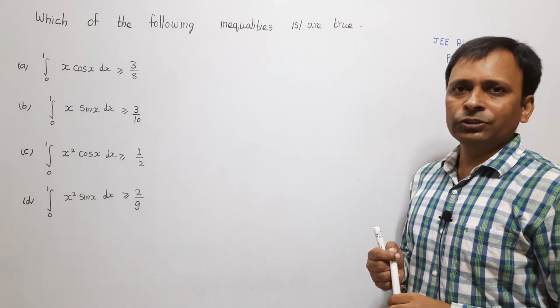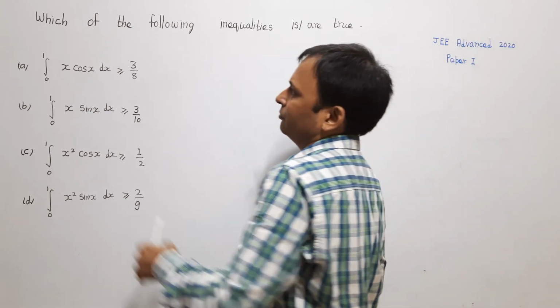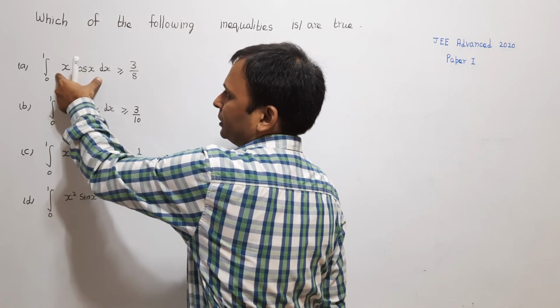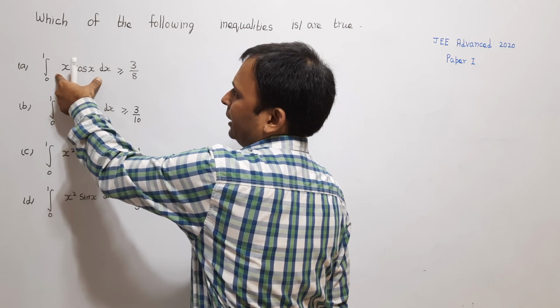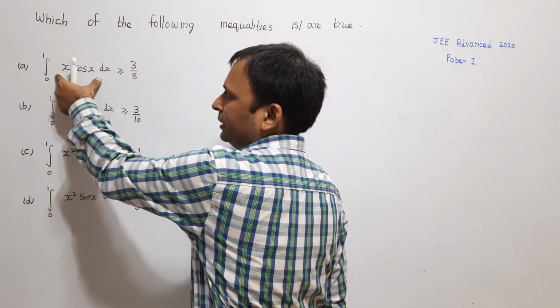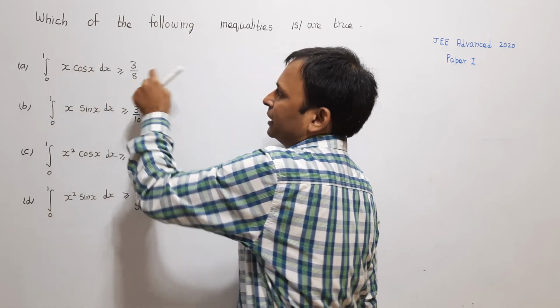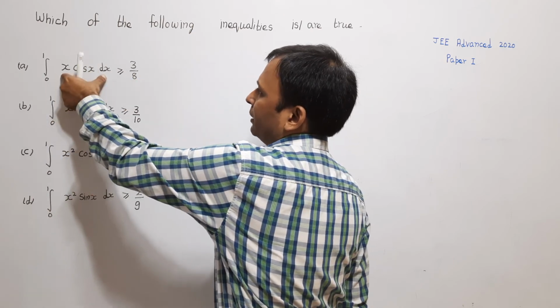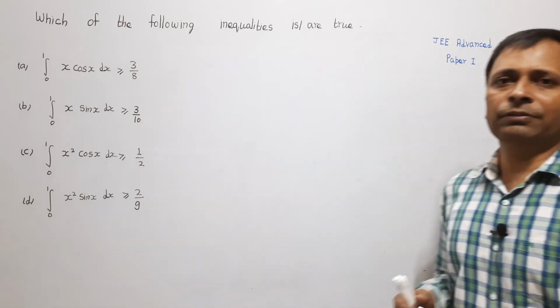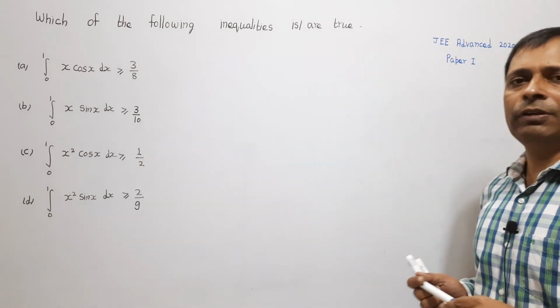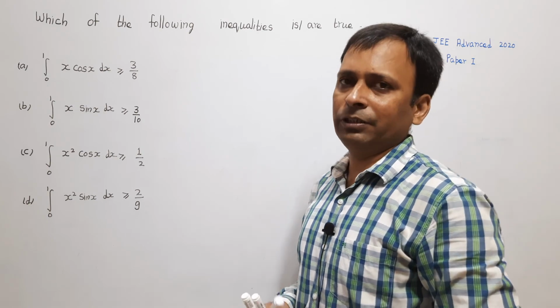So if I create a function which is always less than x cos x, and if I prove that the integral of that function is always greater than 3 by 8, then obviously our integration of x cos x will also be greater than this value. This is the approach we will follow.